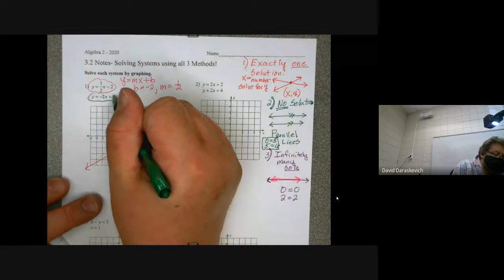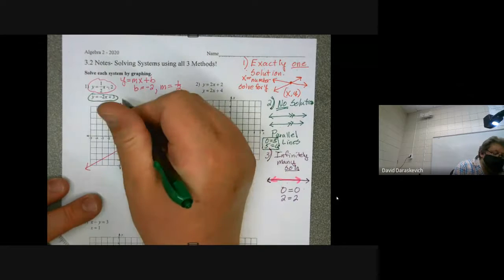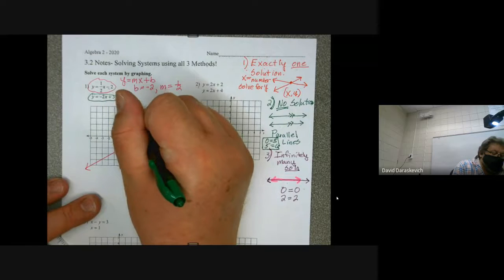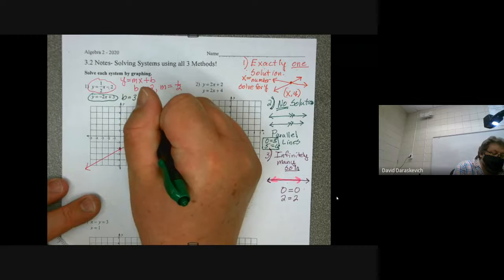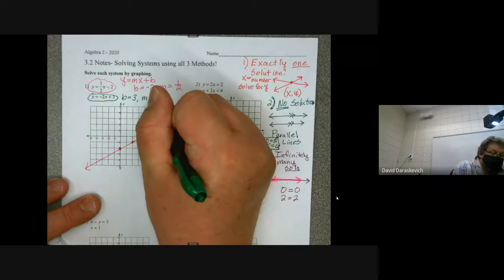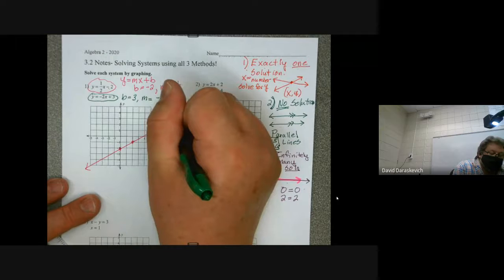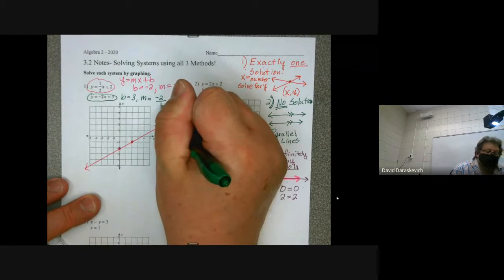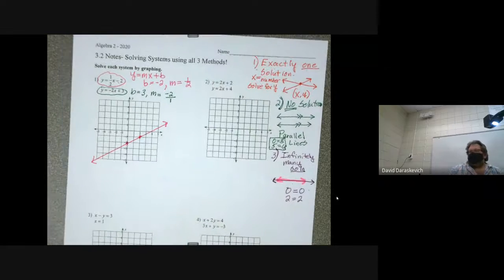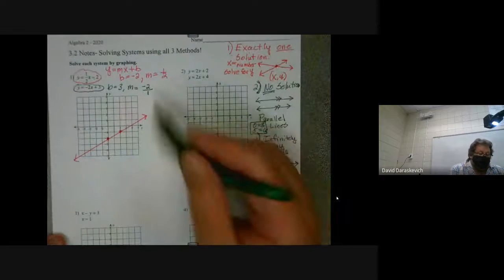Okay, let's go ahead and graph line number 2. Here, my y-intercept is +3. My slope is -2, and we're going to make it a fraction so I can draw my line.